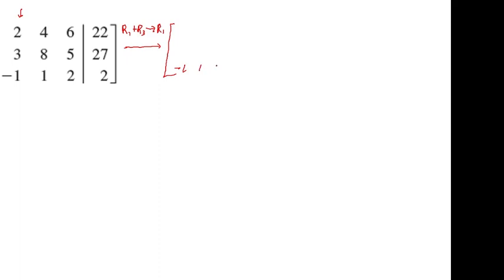So I'll just write it 1, 1, 2, and 2 with a little vertical line there. Row 2 stays the same, 3, 8, 5, and 27. And then I said I was going to take row 1 plus row 3. Well, 2 plus -1 is 1.